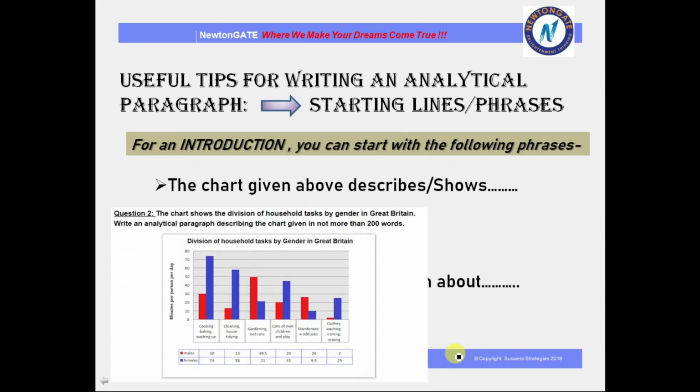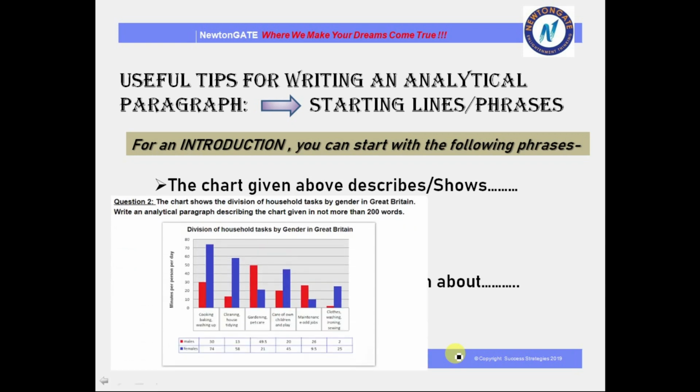Let's see one example. The chart shows the division of household tasks by gender in Great Britain. Write an analytical paragraph describing the chart given. Omit the word limit, because for you, CBSE board class 10, you have the word limit within 100 to 120 words. Here we can see one bar graph is given.